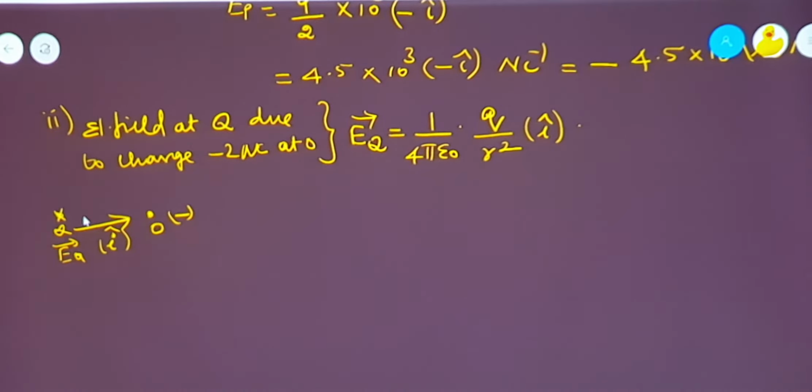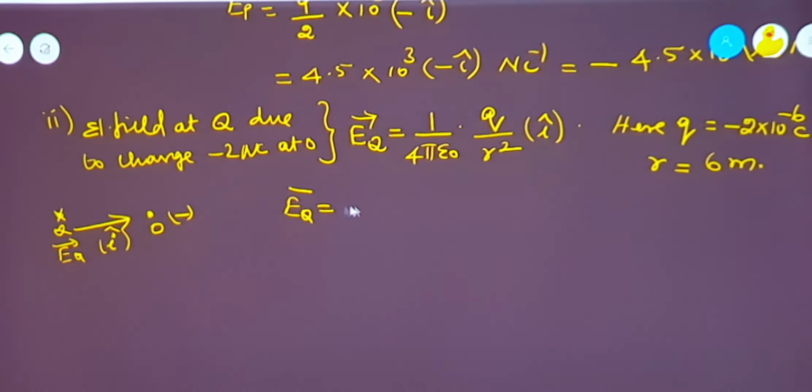If it is the case, then what I have to do? I have to write the values. Here, the value of the charge Q is minus 2 into 10 power minus 6 coulomb. What is the second one? Distance R is equal to 6 meters. So what happens on substituting?